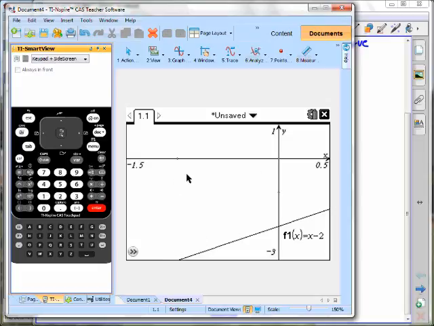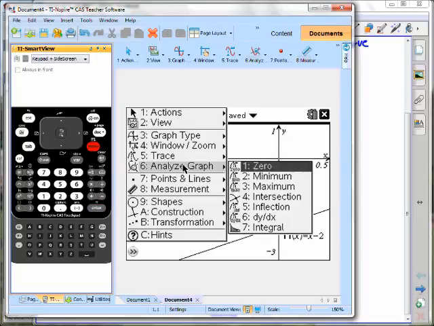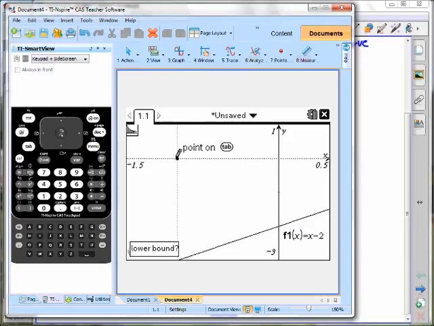Now I'm going to show you something that you can't use. This was not available when we get into Press the Test, but you can use it for practice here up to the final. Go to Menu and go to Analyze Graph and down to Integral. Again, I'm almost positive this is disabled in Press the Test. Move the cursor over to about where you think -1 is on your input axis.